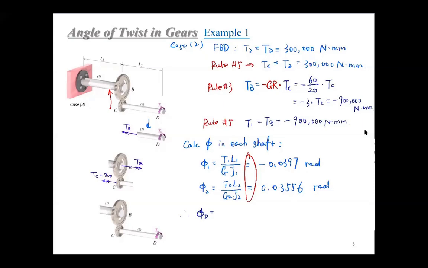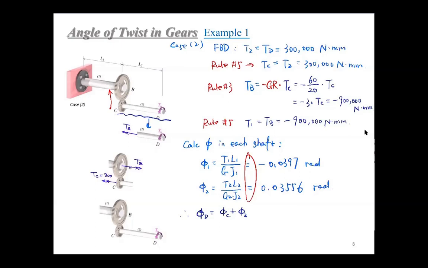Phi d equals phi 2 plus phi c, which equals phi c plus phi 2, through this shaft 2.